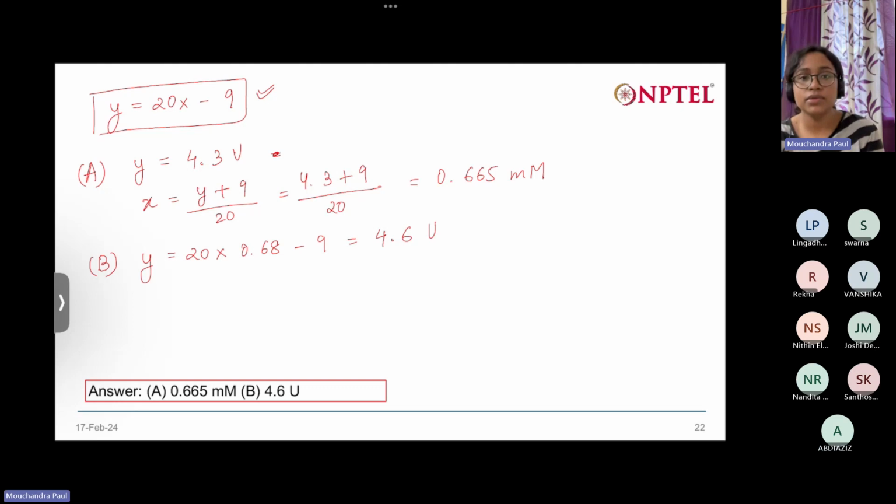There is one problem in this week's assignment which is based on this, it is similar to this actually. So if you've understood this particular question, you can definitely solve that one as well.